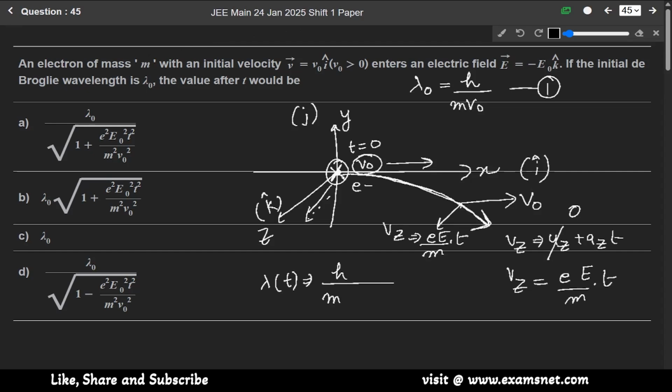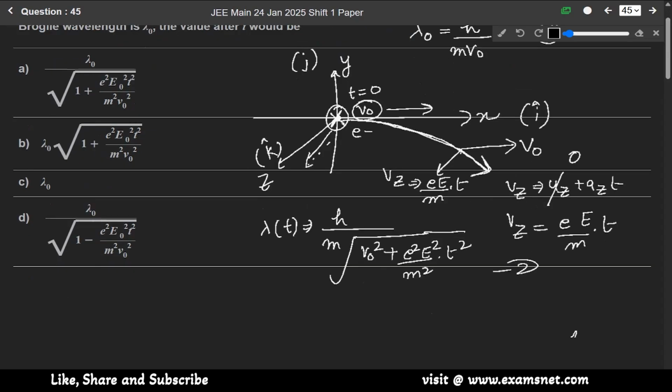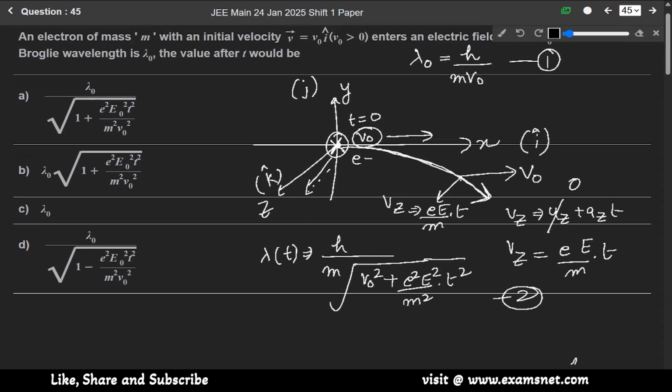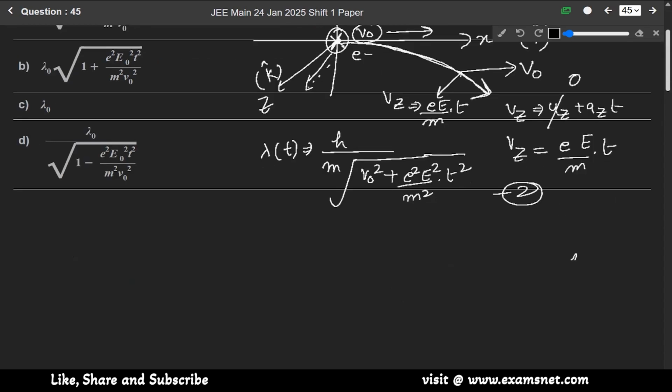M into this resultant of these two. So the resultant of these two will be V naught square plus E square M square into T square. Let us say this is equation second. Now from here you can see h over m v naught is lambda naught, so we'll use it here.